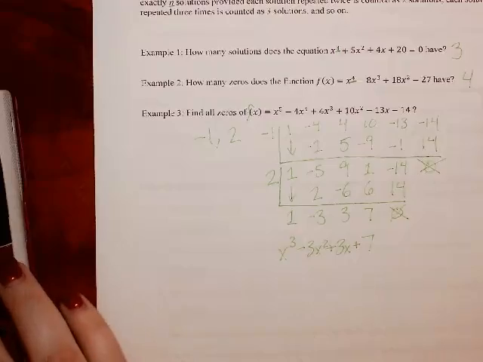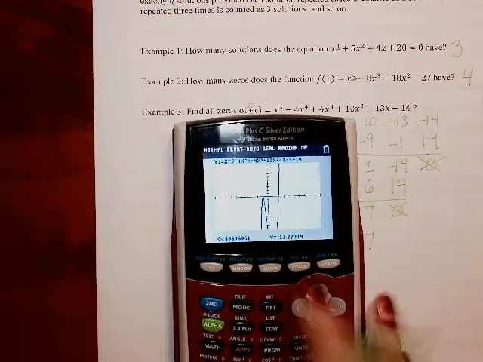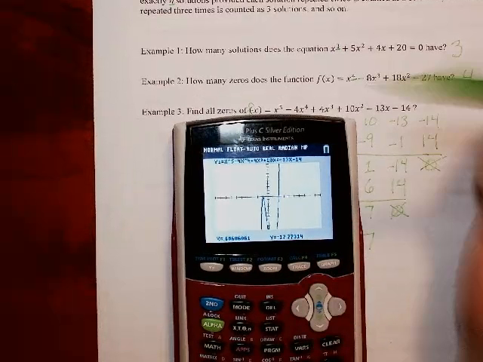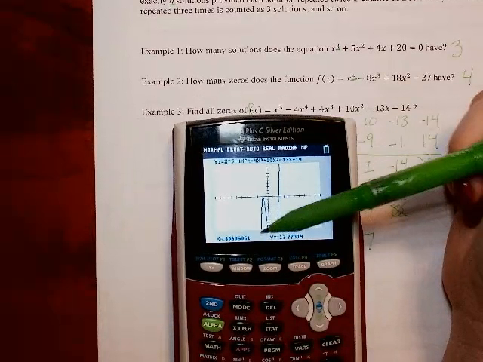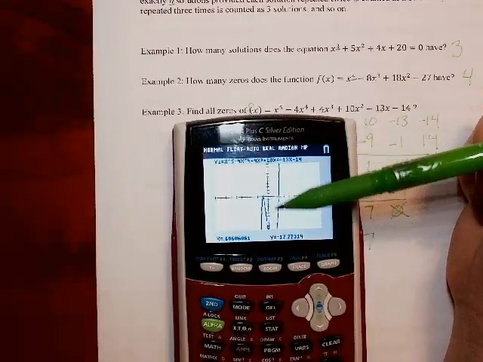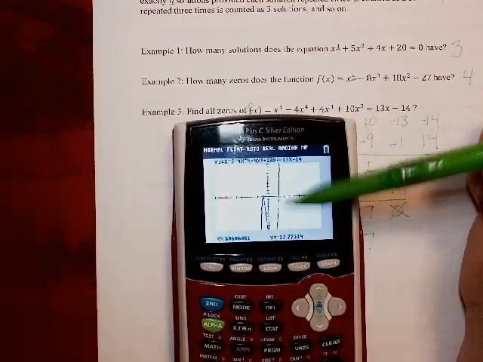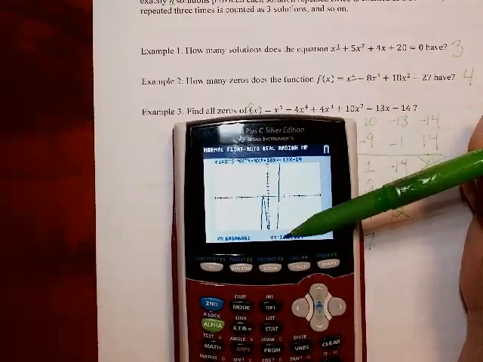So we are going to look at our graph again. So we have a 0 here where our graph bounces off the x-axis. And we have a 0 here where our graph goes through the x-axis.